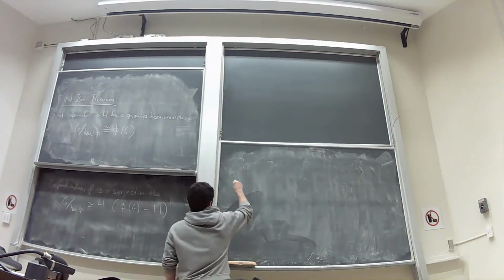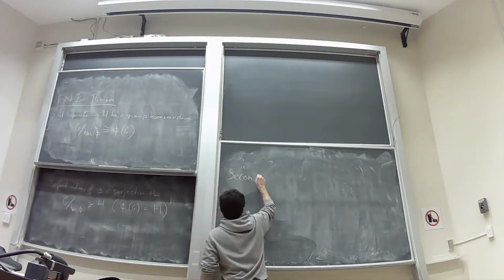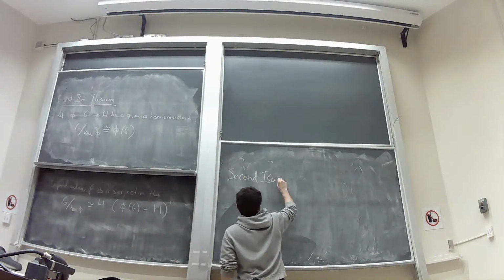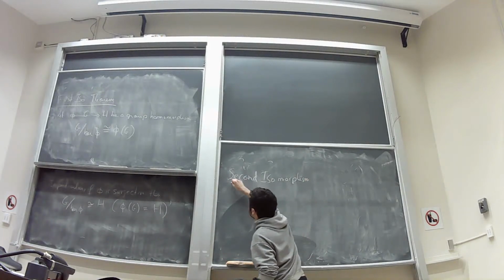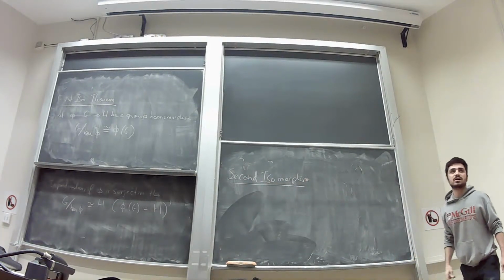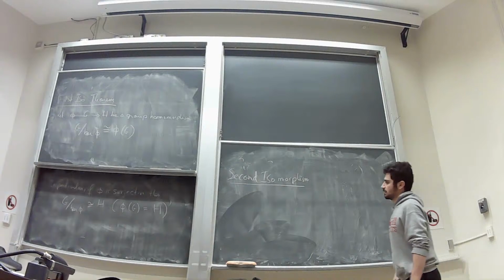We'll look at the second isomorphism theorem, and the third one. I'll let you prove them as an assignment. They all follow from the first. They're in the book as well, so you might just read how to do this.